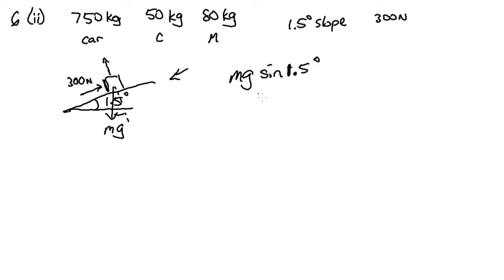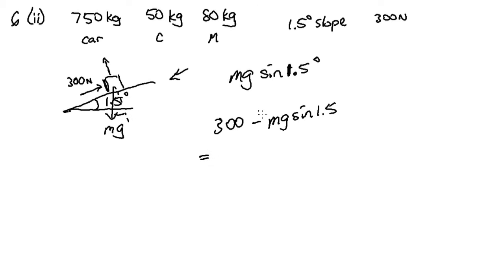So we have that force and we have the upward force. The car can be pushed up if 300 is greater than mg sine 1.5. So let's see if 300 subtracted by mg sine 1.5 is larger than 0 or not. Let's find a numerical value.